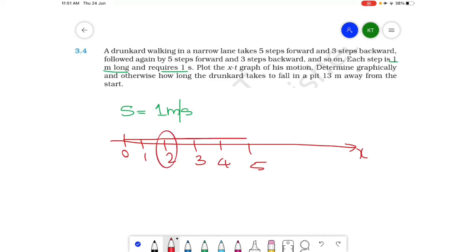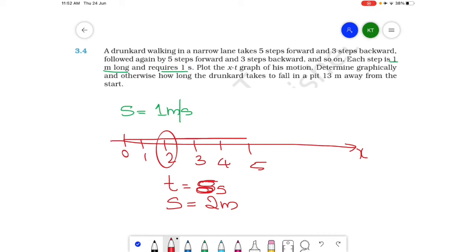So he's at a distance of 2 meters. That is, in a time of 8 seconds, he has moved a distance of 2 meters.